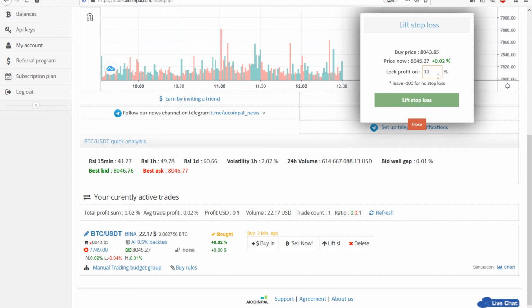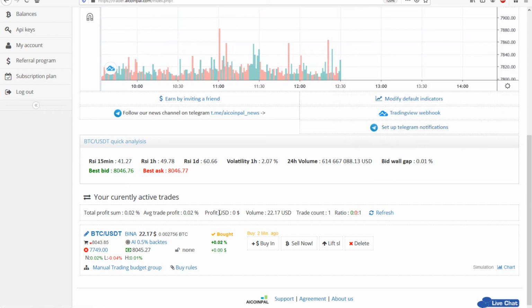But this is the thing that, if the prices go up and you want to manually lock onto a profit percent, you can leave here how much profit you want to take. We will not use it in this video because we don't have pluses right here.